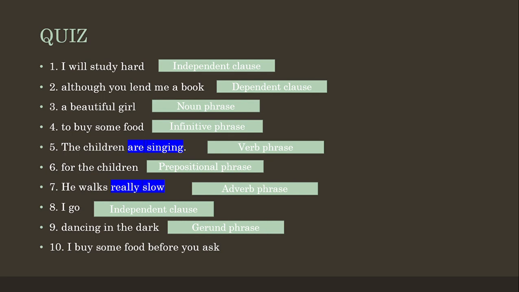Number 10, I buy some food before you ask. We have the conjunction before in the middle of two clauses, so it's, yes, a complex sentence. One independent clause, I buy some food, and one dependent clause, before you ask.